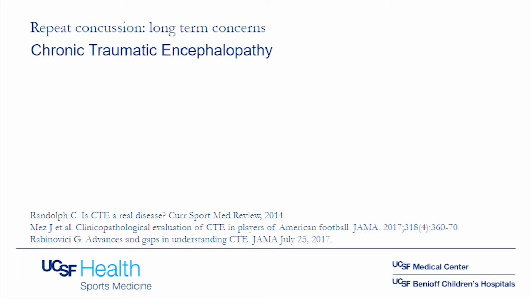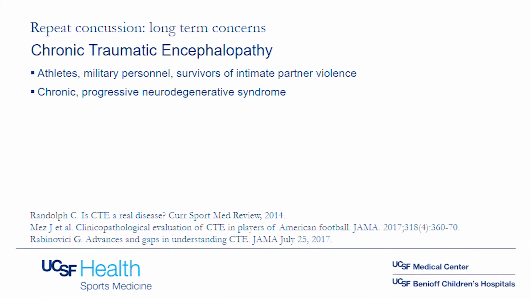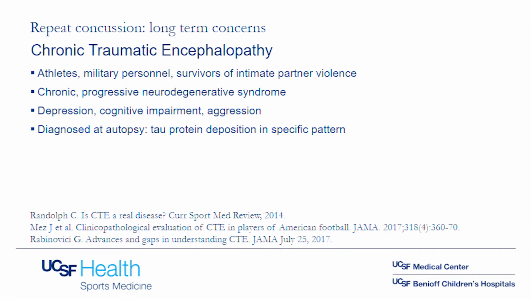What about the long term? In the long term, I think we've heard a lot about chronic traumatic encephalopathy, or CTE. CTE has been found to affect athletes, military personnel, and survivors of intimate partner violence. It's a chronic progressive neurodegenerative syndrome involving depression, cognitive impairment, and aggression. Presently, it can only be diagnosed at autopsy with a very specific pattern of tau protein deposition.